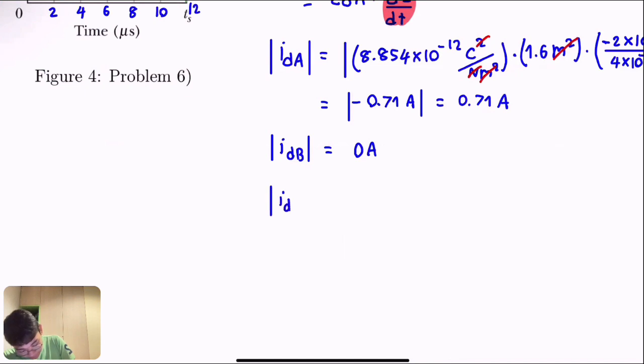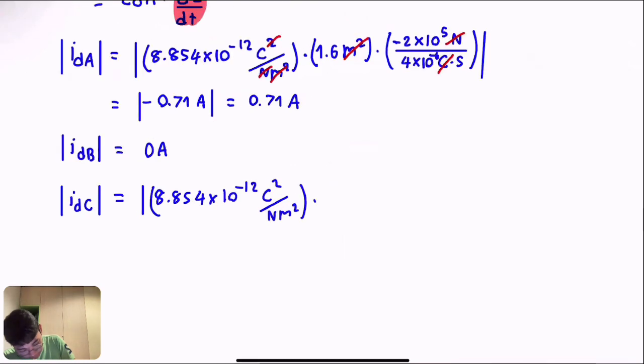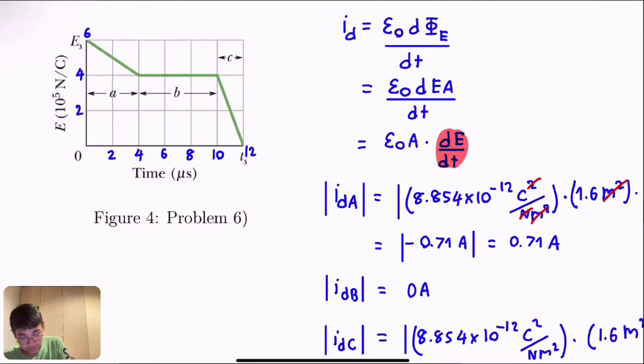Okay, the last one, I_DC. Here it equals the absolute value of 8.854 times 10 to the power of minus 12 Coulomb square per Newton meter square, times 1.6 meter square, times the slope. It will be 0 minus 4 over 12 minus 10.